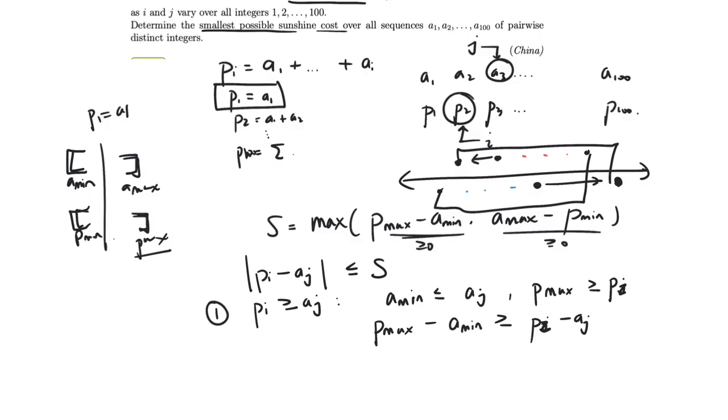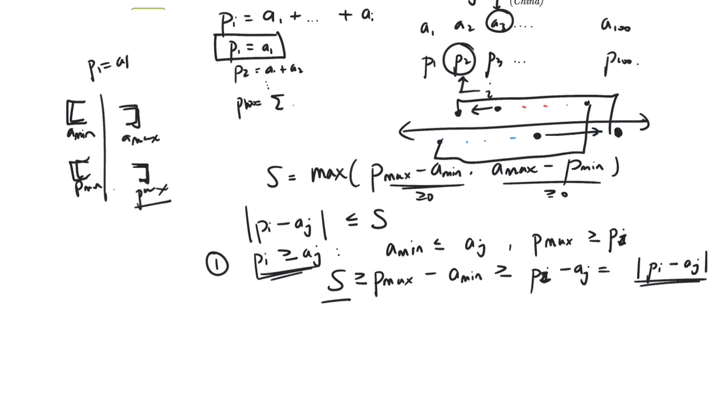PI minus AJ is just this generic PI minus AJ absolute value, since PI is greater or equal to AJ, and this is less than or equal to S. So we have shown S is greater or equal to basically all PI greater or equal to AJ. So basically, we have shown this statement for all in this case.